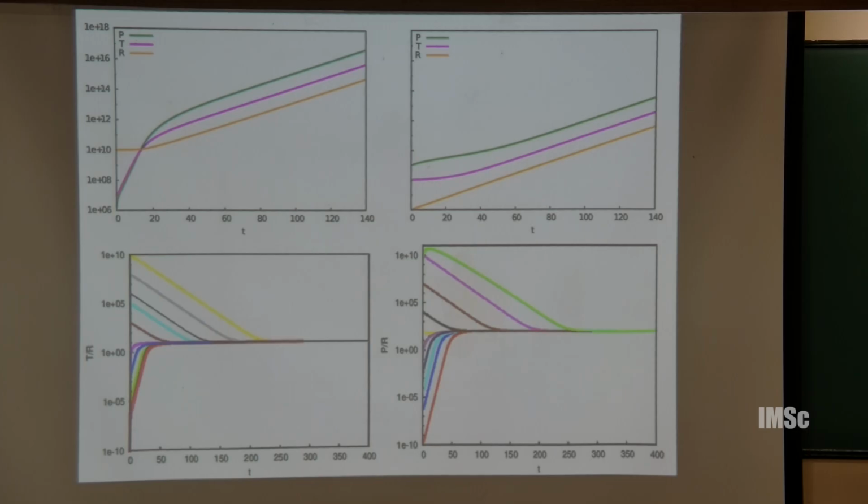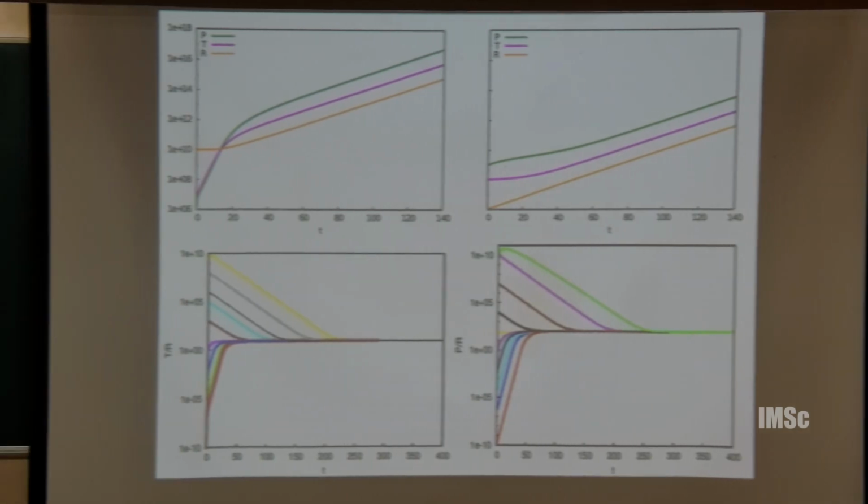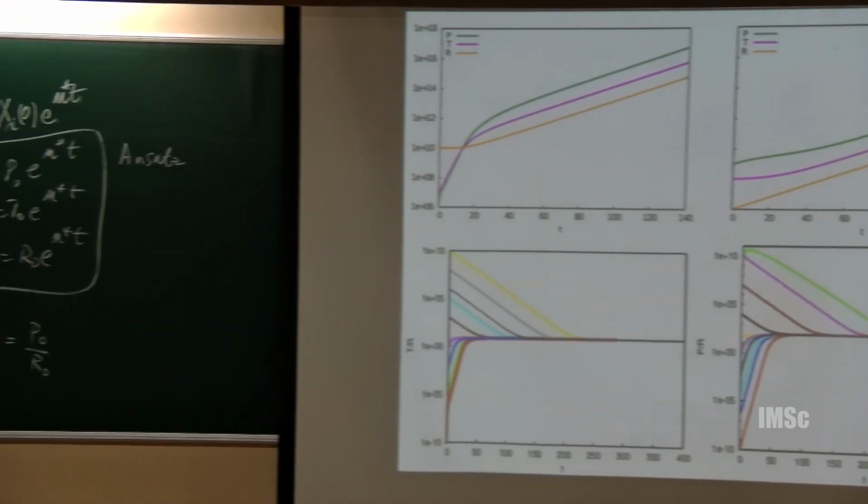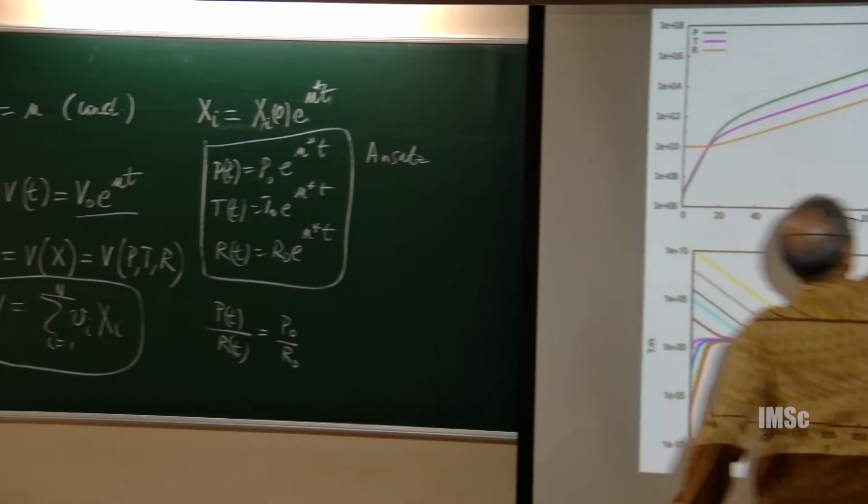Notice also that because all of them are increasing with the same mu, their ratios have become constant. So P of T divided by R of T is equal to just P naught by R naught, and that is constant in this regime. In this regime, the ratios are constant.